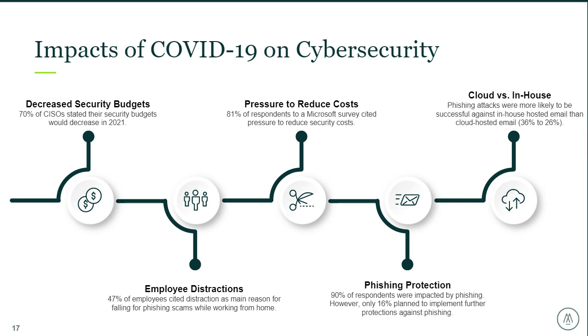And a couple of other things, just the types of phishing protection that are out there. There are a number of different things that can be leveraged to reduce the number of phishing emails that come into an organization, and a lot of people aren't using those.